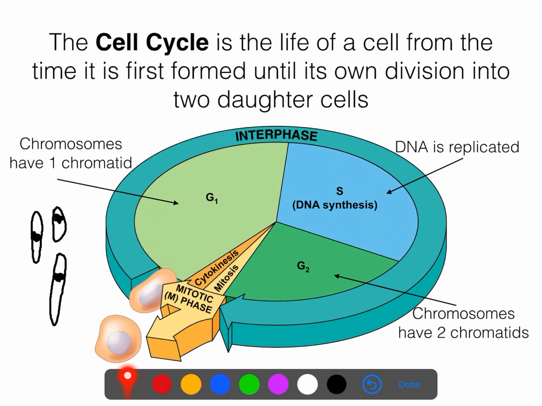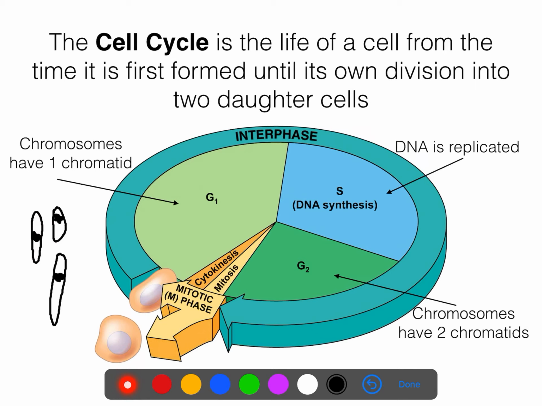When the DNA is replicated, the number of chromosomes stays the same. But instead of each chromosome having one chromatid, so this thing with a centromere and the 2 legs is a chromatid, this is a chromosome, and this is a chromatid.